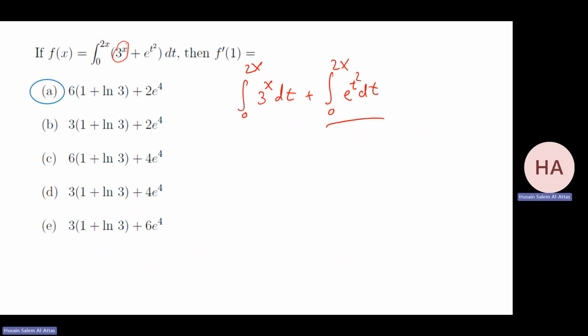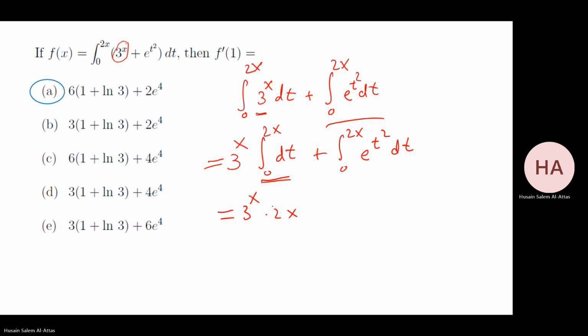This is always the fundamental theorem of calculus. This one does not depend on t, so I can take it out. So that will be 3 to the power x integral from 0 to 2x dt, which we can do, plus this. So this is just t from 0 to 2x, so that will be 3 to the power x times 2x plus this integral.